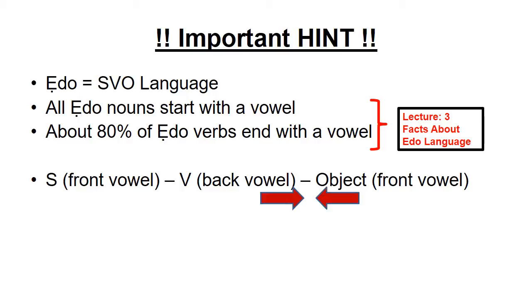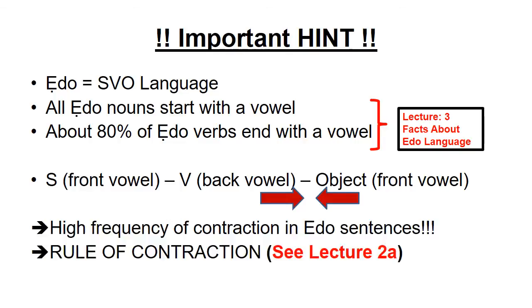So you see, we always have a vowel being followed by a vowel, and they sort of clash because the sounds are sometimes the same, sometimes very similar, and that is the reason for the high frequency of contraction in Edo sentences.